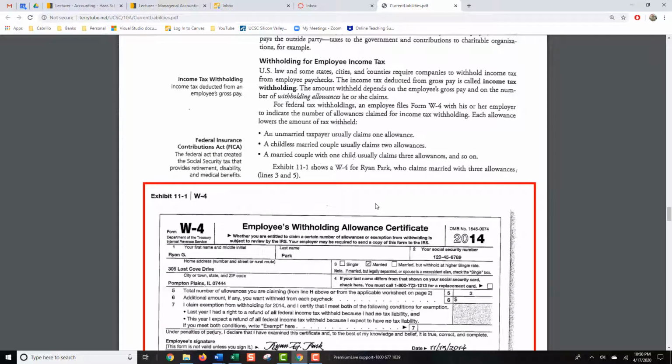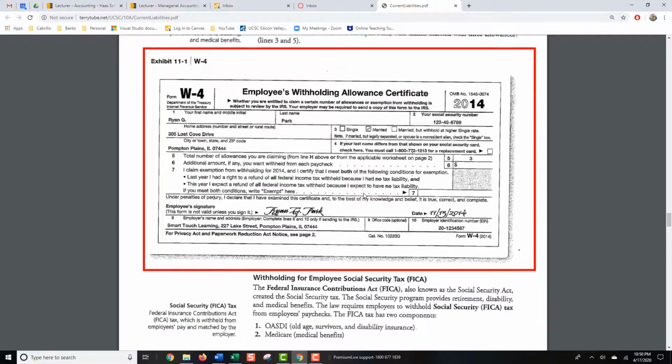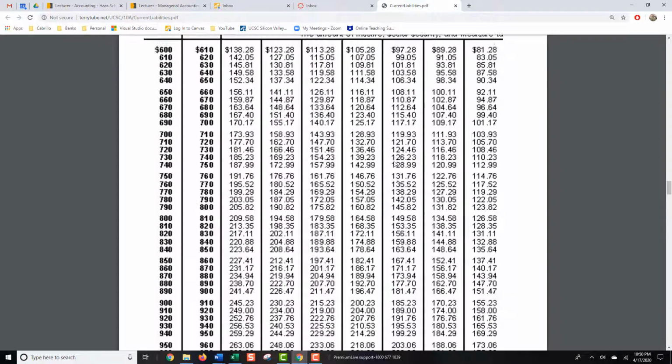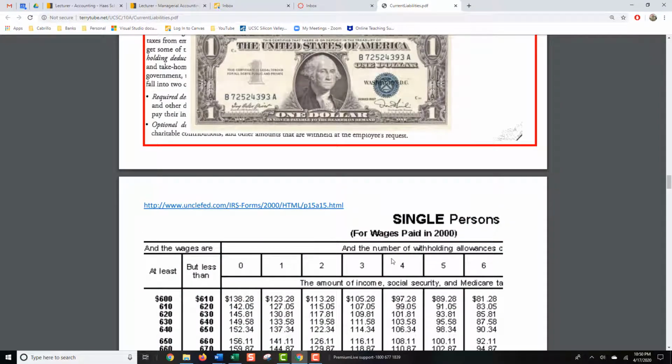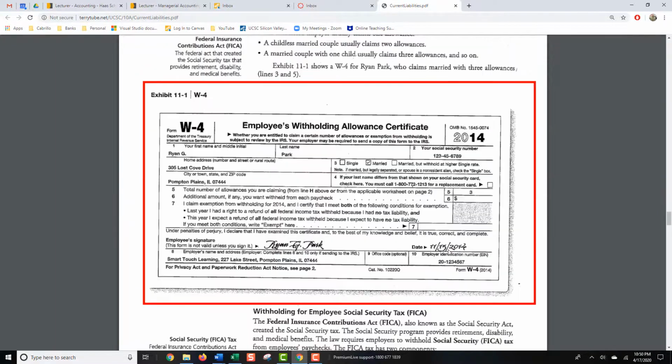So you get your federal withholding. To know how many people you're withholding for, to know whether that number is 1, 2, 3, 4, 5, when an employee starts work, they fill out a W-4.